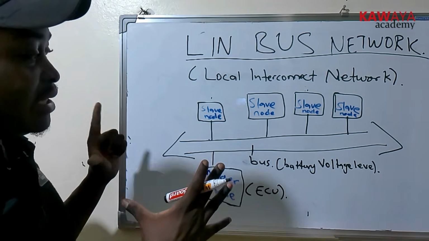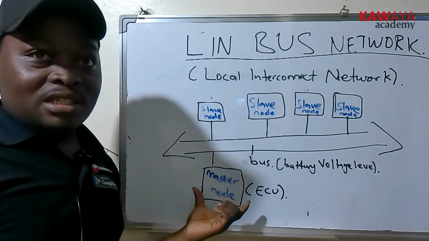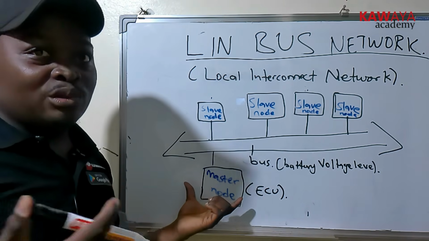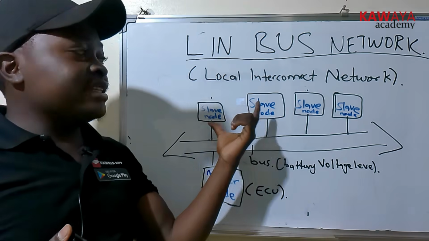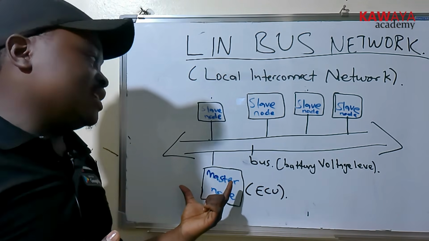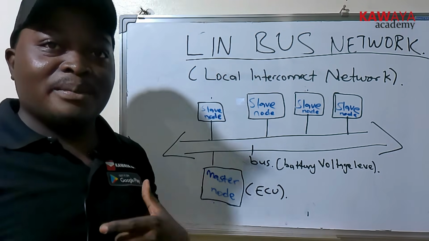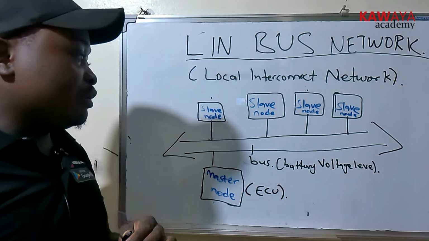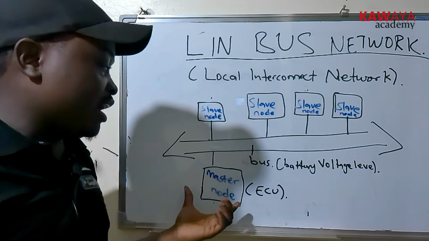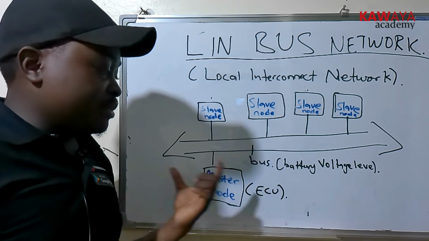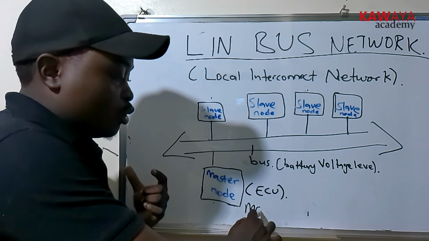Now, as you see on the diagram, in a LIN network we have one master node, which can be the ECU or ECM, sending messages to different slave nodes. A master is the sender of the message, and a slave is the receiver of the message. I'll give an example of a system that uses LIN: mirrors. We have a master node, which can be the mirror control module.